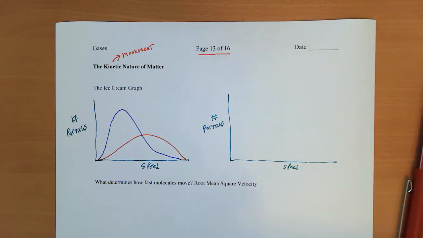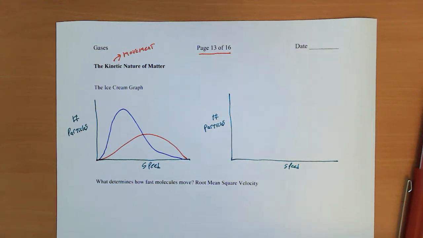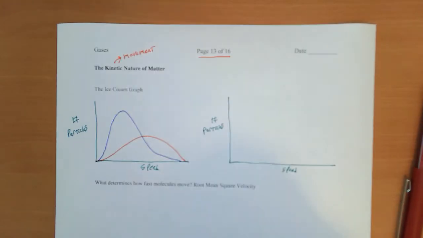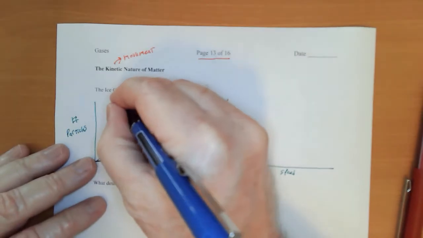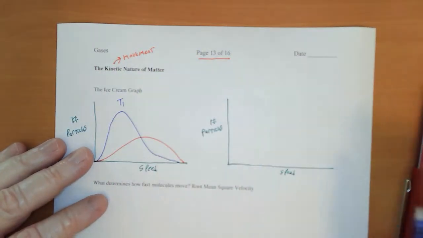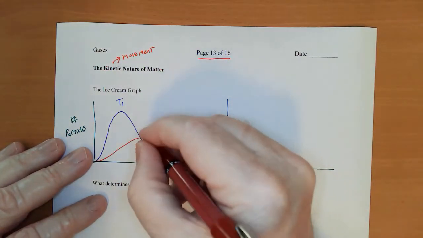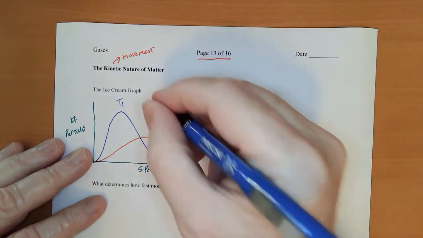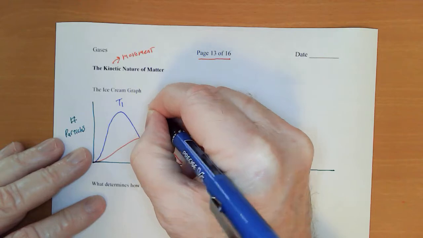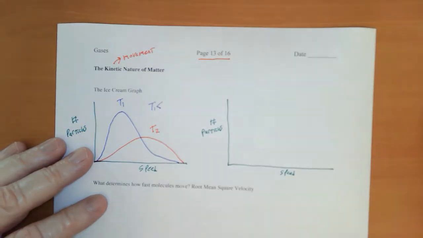The reason I'm saying particles is they might be molecules, they might be atoms. Let's just be open-minded about that. Now, the blue line is a lower temperature, T1. The red line is a higher temperature, T2. That's my color coding.